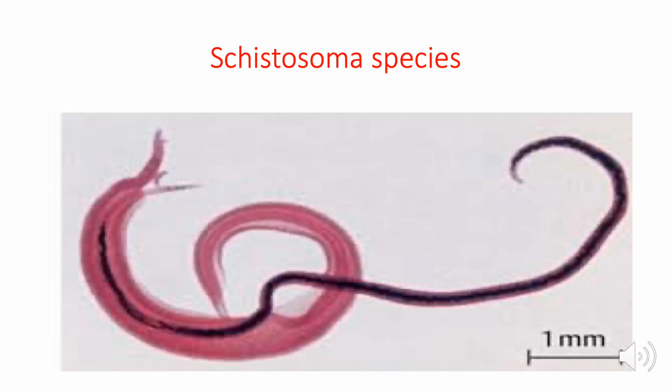The larger worm in the picture is the male, while the longer and thinner worm is the female. And the female is usually enclosed in a canal situated in the midline of the male worm.